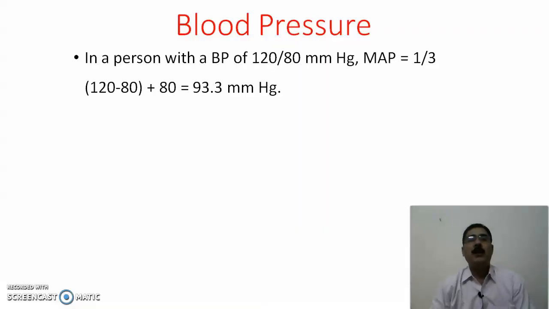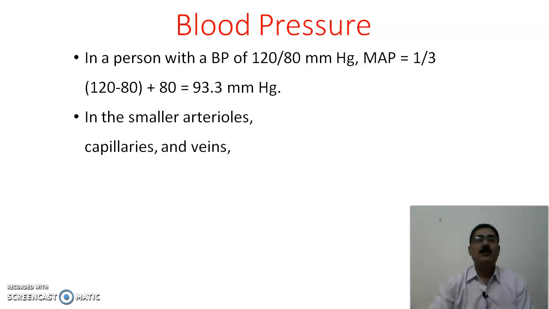Say, for example, in a person with a BP of 120/80 mm mercury, the MAP will be 1/3 of (120 minus 80) plus 80, equal to 93.3 mm mercury.